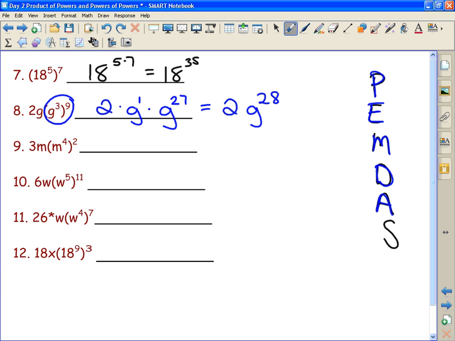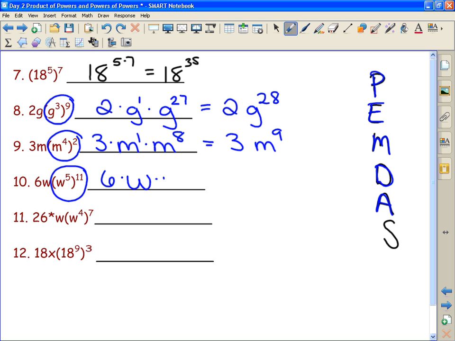Okay, so looking at number 9, we have to do our multiplying first. So we're going to have 3 times m to the 8th, and now I can add 8 plus 1 gives us 3m to the 9th. Okay, we can do number 10. We have to multiply first here, so we get 6 times w to the 55.